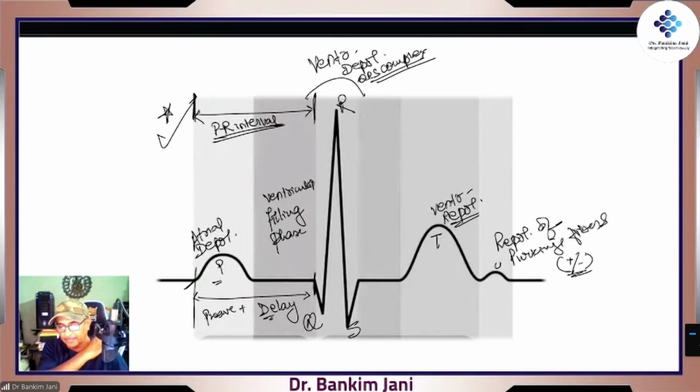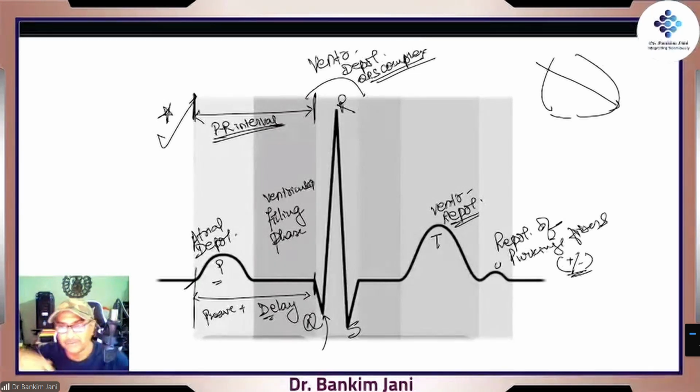In a minute, in one or two minutes, we'll be discussing why this Q is negative. If that question has arisen in your mind, because when the heart is here, the current is moving in this direction, the current is not at all going back, so then how can there be a negative deflection? What I'm asking is that if the electrode is over here, let's say this is lead number 2, then our SA node, AV node, bundle of His, Purkinje fibers.